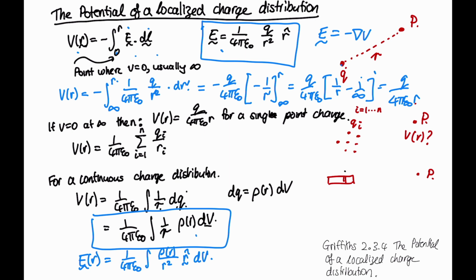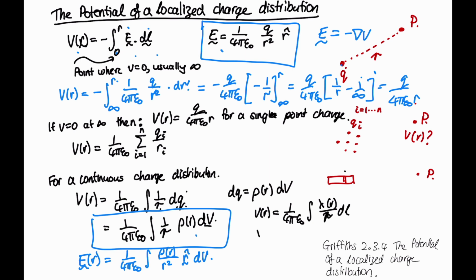Of course, the one I've drawn here looks possibly more like a linear charge distribution. For a linear charge distribution, we can write V of r is equal to 1 over 4 pi epsilon naught times the integral of lambda of r over r dl, in this case, because it's linear.